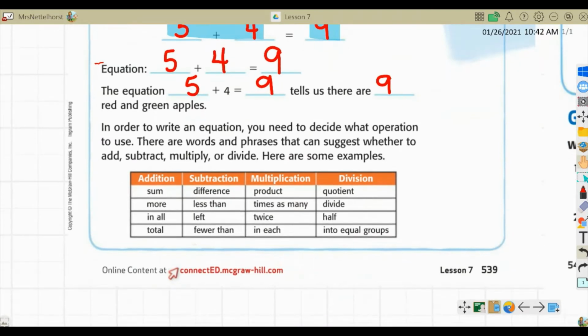In order to write an equation, you need to decide what operation to use. There are words and phrases that can suggest whether to add, subtract, multiply, or divide. Here are some examples. These are not all of them, but these are very common ones.